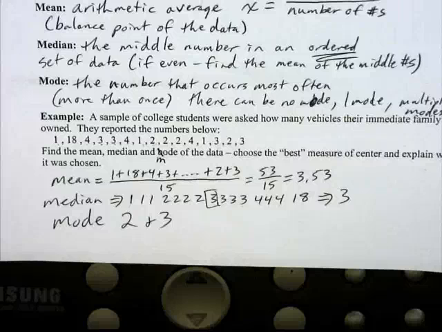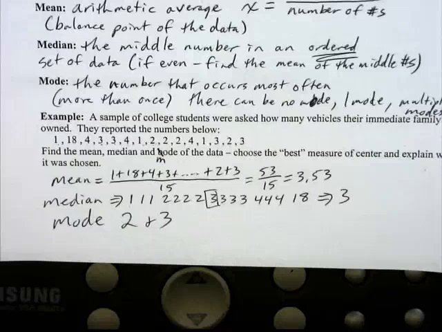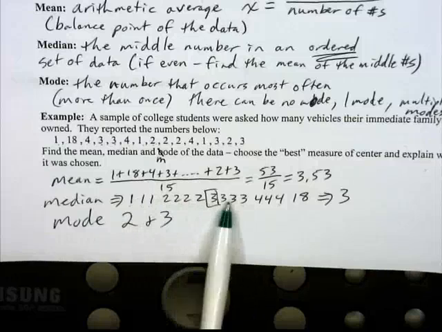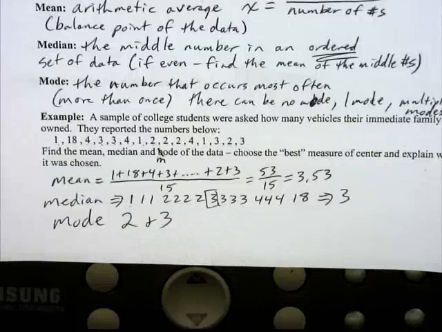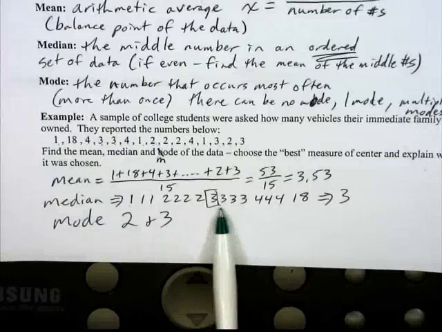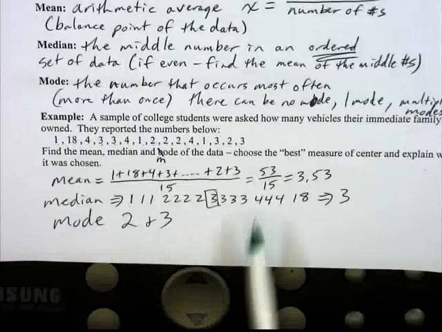Now when I look at those numbers, I might say that 2 and 3 are the best measure of central tendency, because almost all the numbers are right around them, and those occur the most often. So we could make a real good argument for 2 or 3. We could also make a pretty good argument for 3, saying, well, it's a little skewed to this side, so maybe that's why it should be a 3.